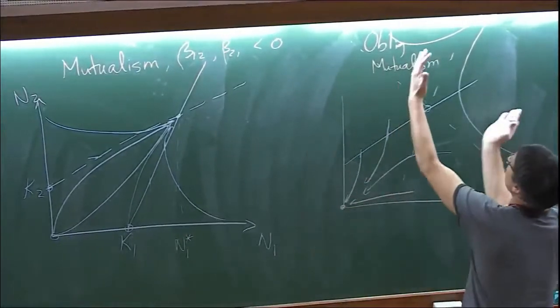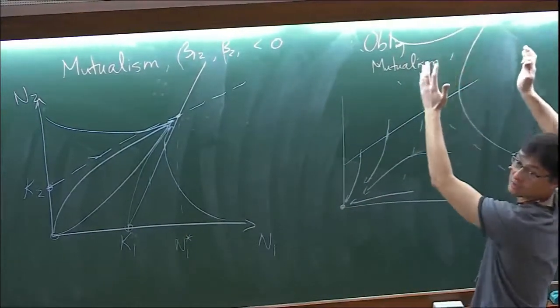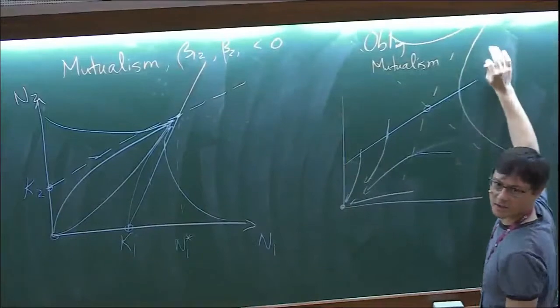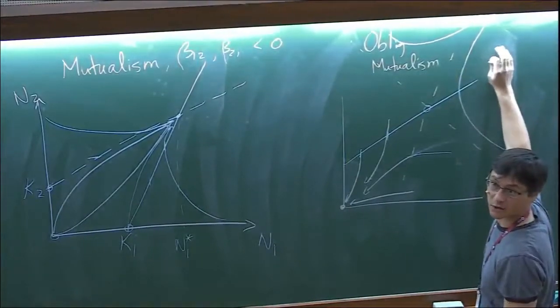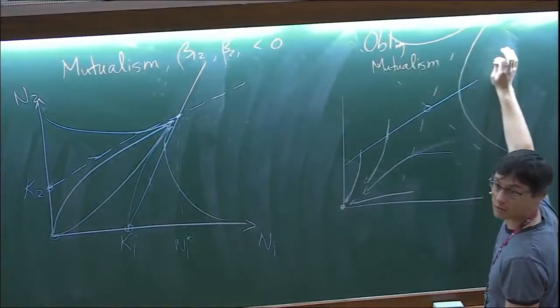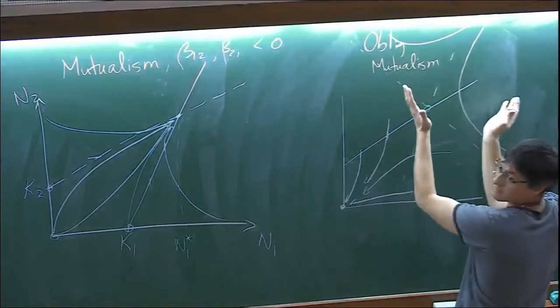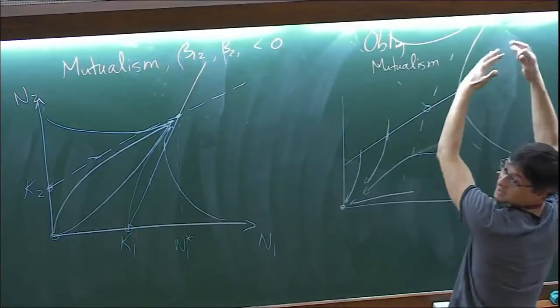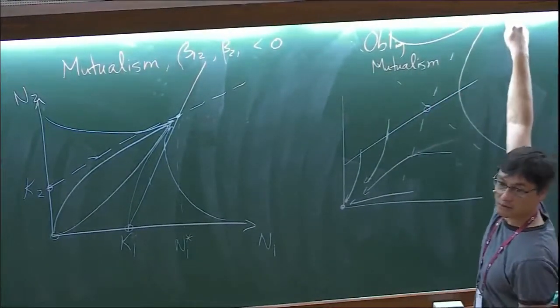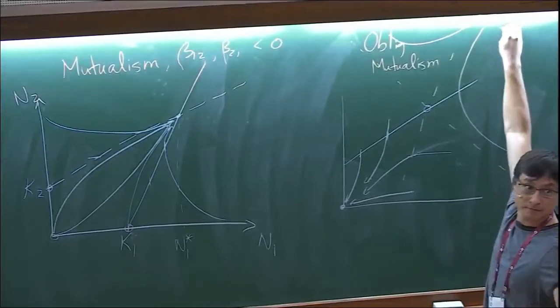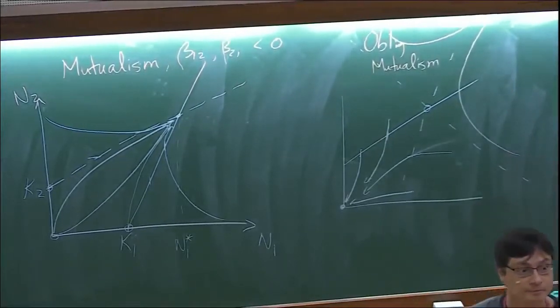You need some way of getting these isoclines to turn around. Fundamentally, the problem is these isoclines are lines, so they can only cross once. But what you really want is curves that are curvy, so they can cross again, and then you get a stable fixed point out here. Okay? Yeah. That's right.